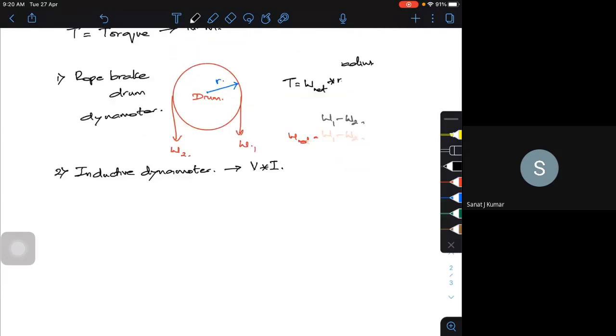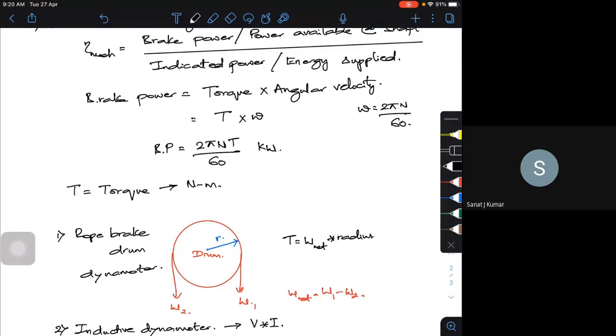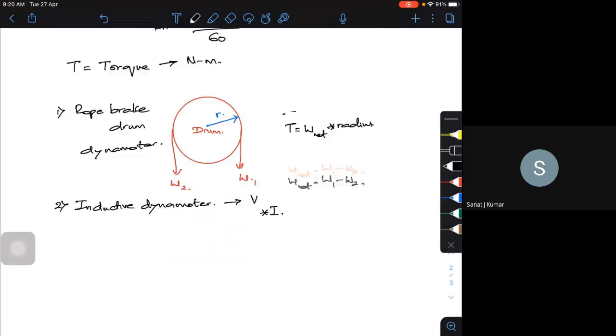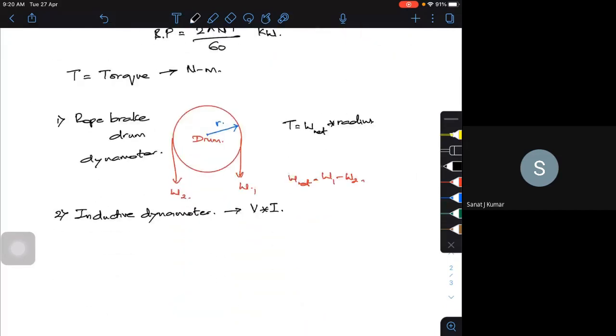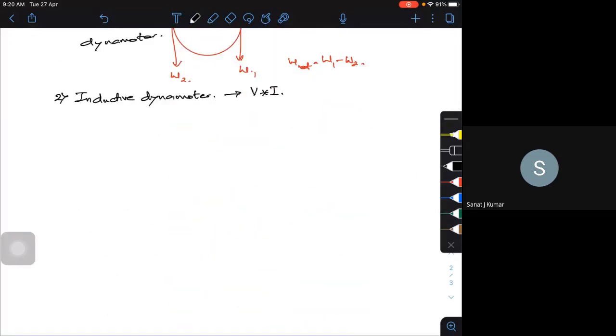Now I mentioned indicated power. So what is this indicated power? That was the brake power; now indicated power is given by a particular formula.